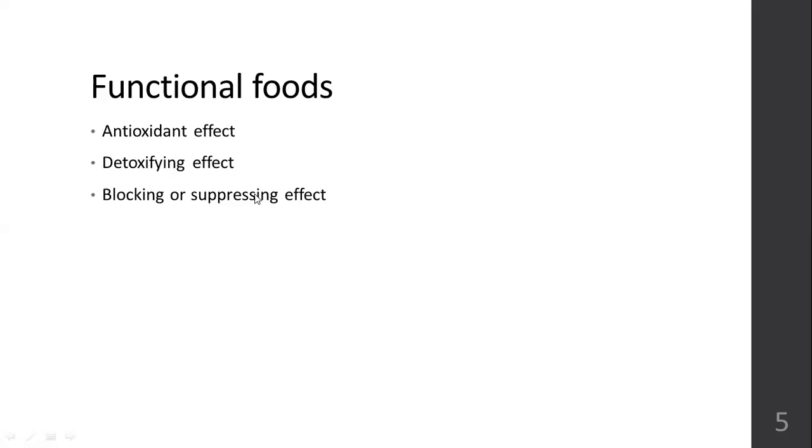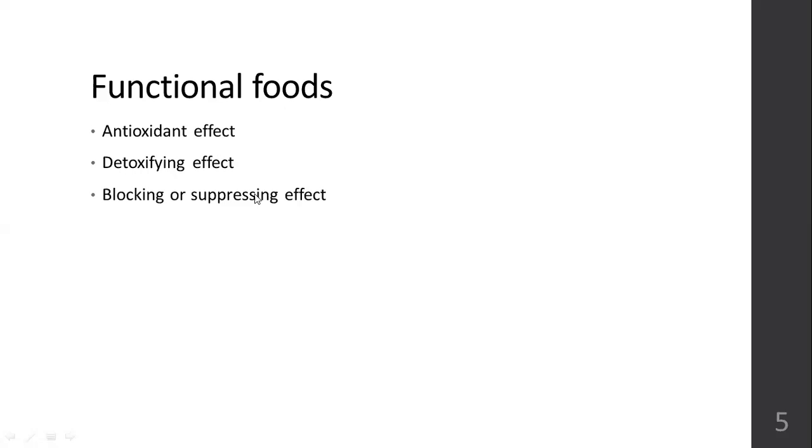Then the blocking and suppressing effect. This is usually done by any anti-cancerous food. Certain foods have antioxidants that can suppress tumor and cancer formation, like cloves and garlic.